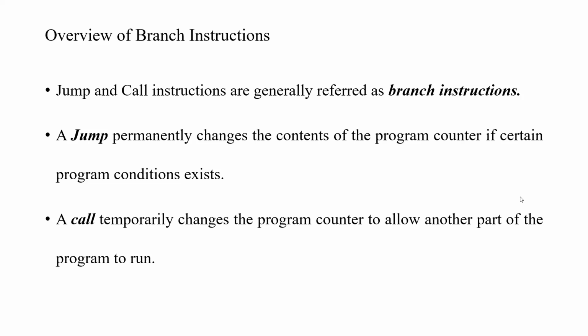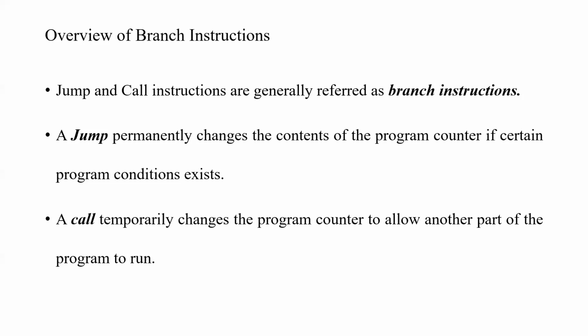Now, the program counter will always hold the address of the next instruction to be executed. Since the program has its own flow, take an example: if we have a jump instruction, which may be conditional or unconditional, and that jump condition is true, it will jump to the specified address.